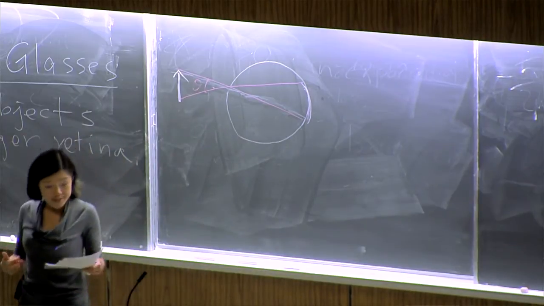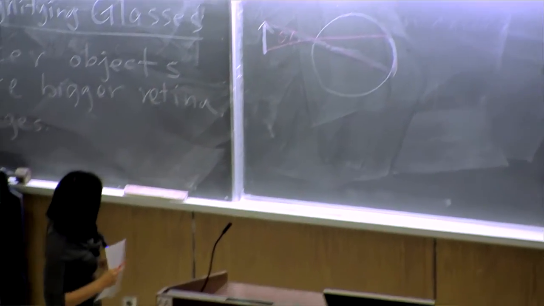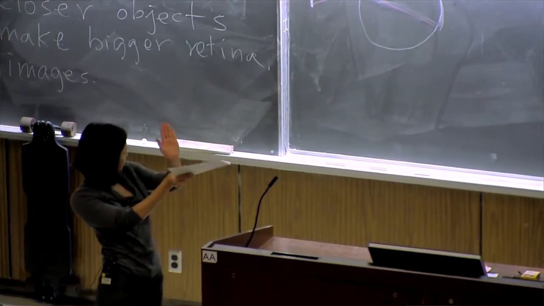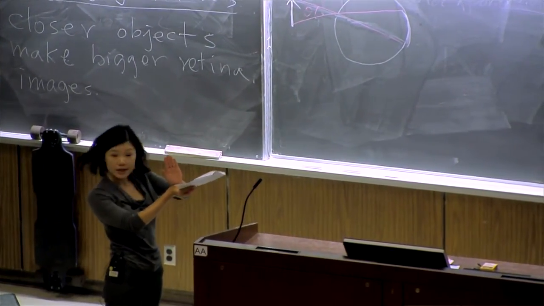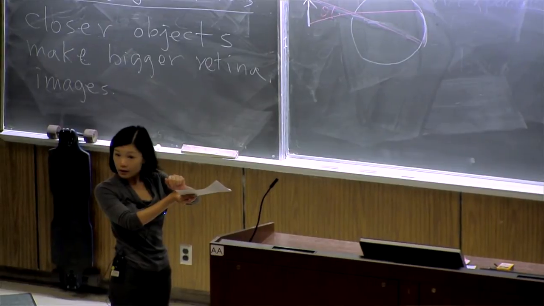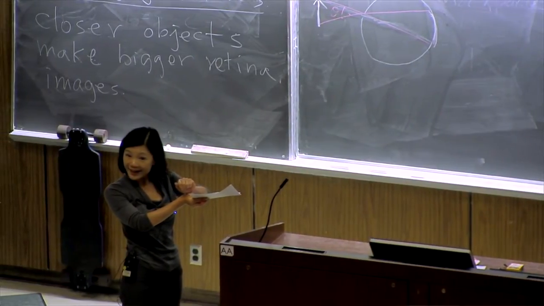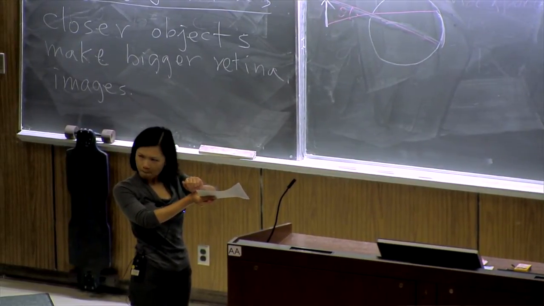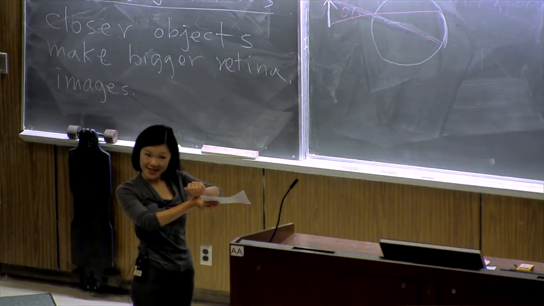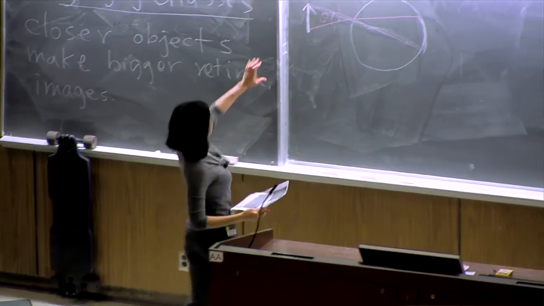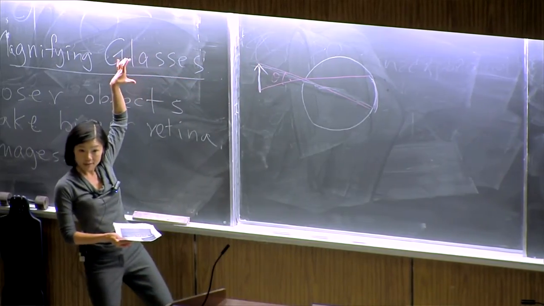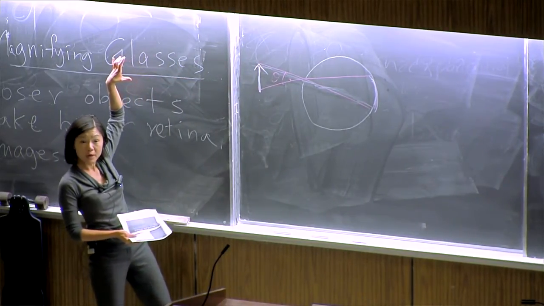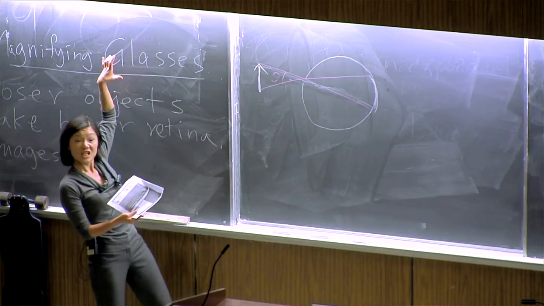And what this picture is telling us is that if this angular extension is larger, then the image that is formed would be larger or smaller? Larger, right? Because the way to think about it is, if I move this object further away, does the image become larger or smaller from your experience?